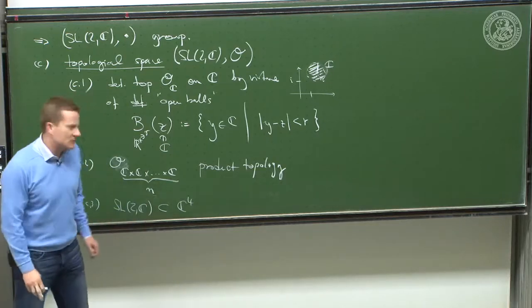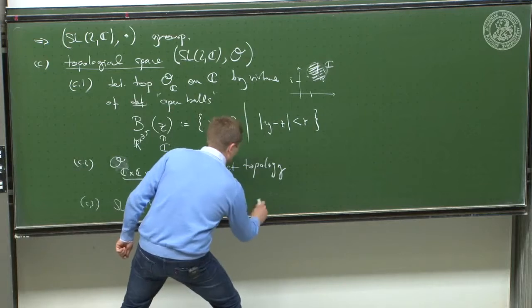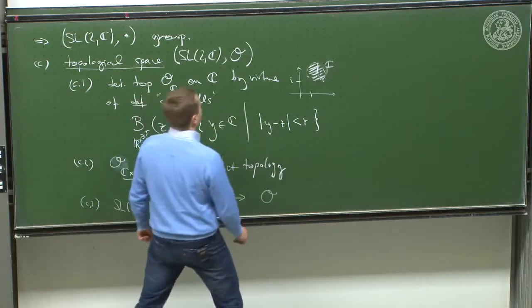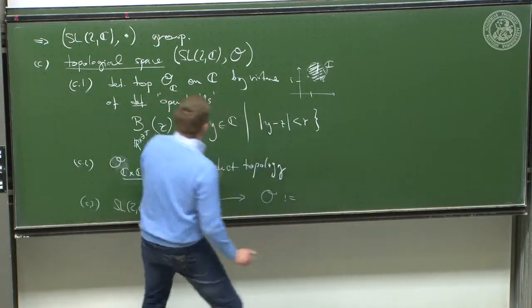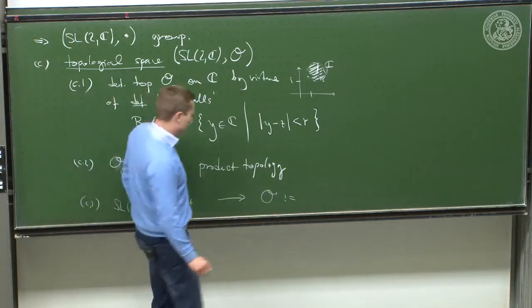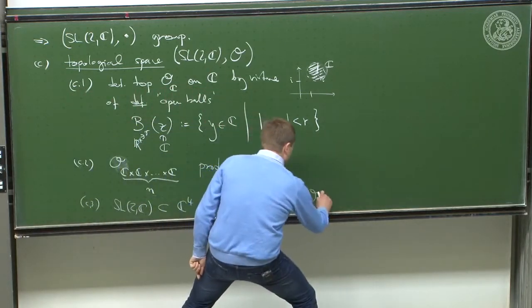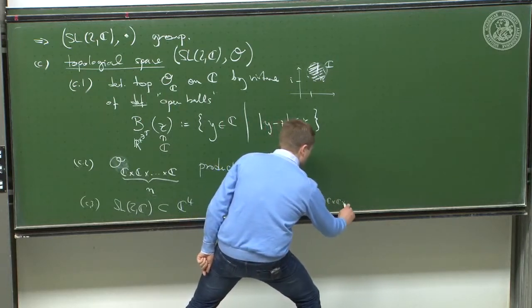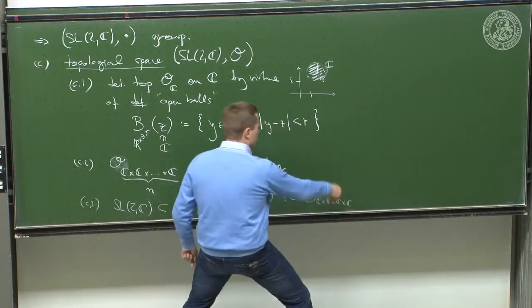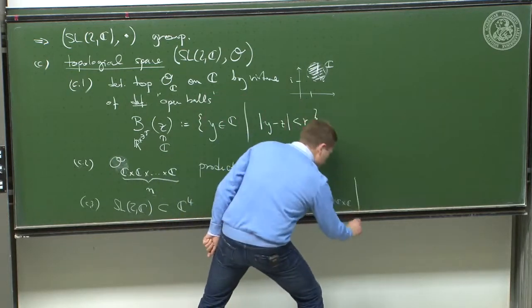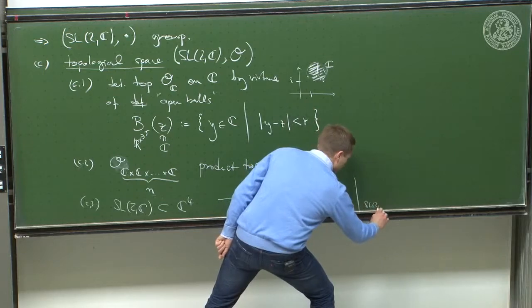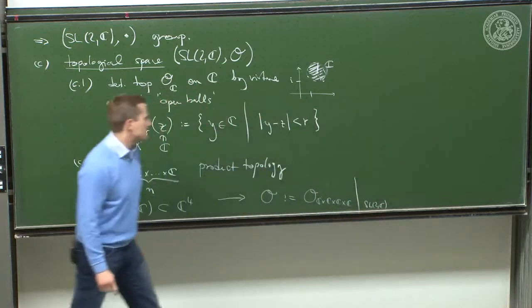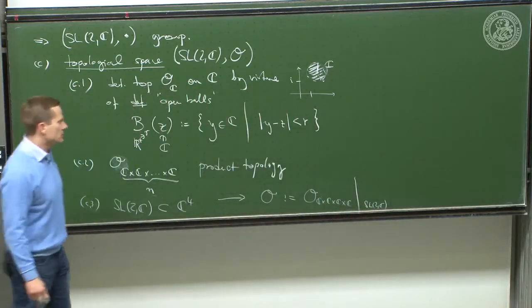Now, any subset can be equipped with the subset topology. So define this O by which we equip SL2 C as follows: take the C4, the 4-fold Cartesian product that we constructed here, and restrict it to SL2 C. Remember, that was the induced subset topology.